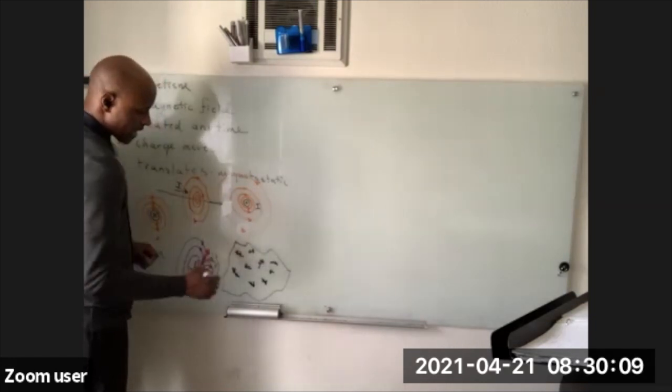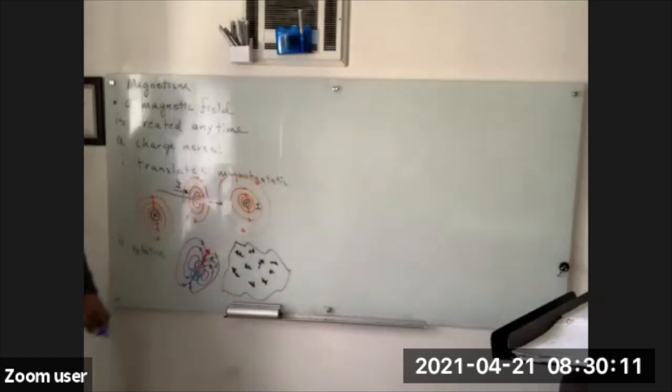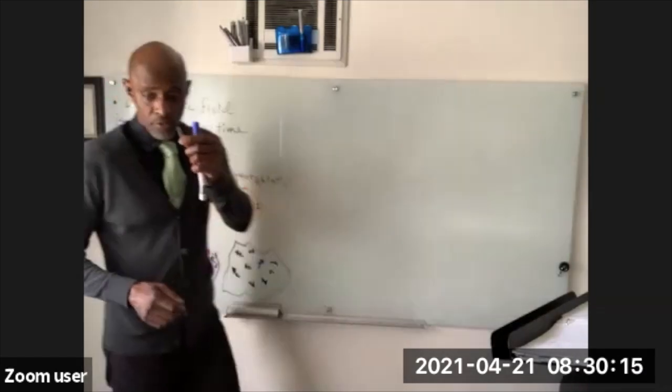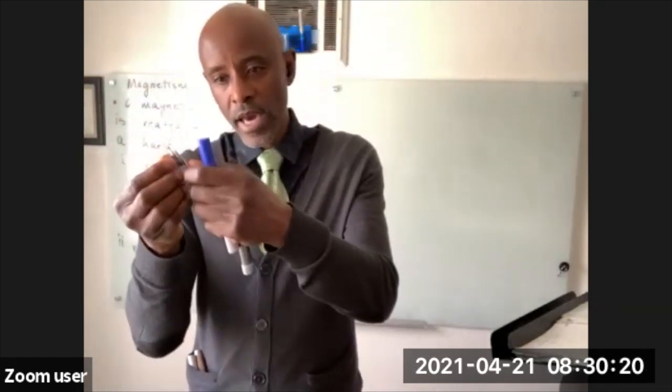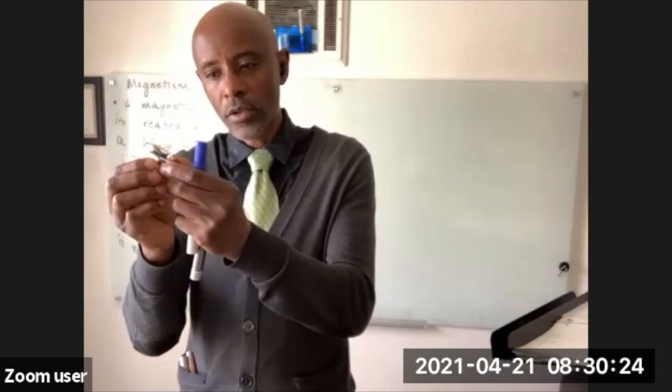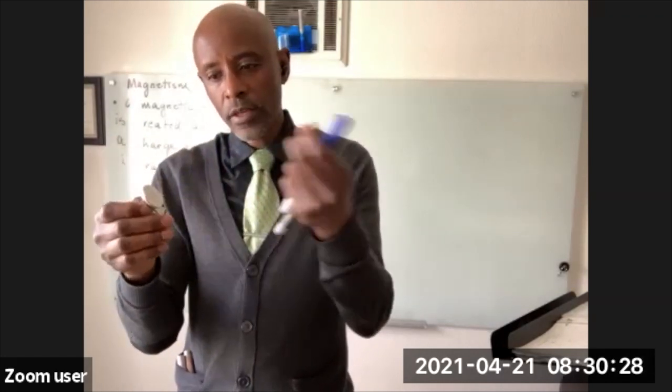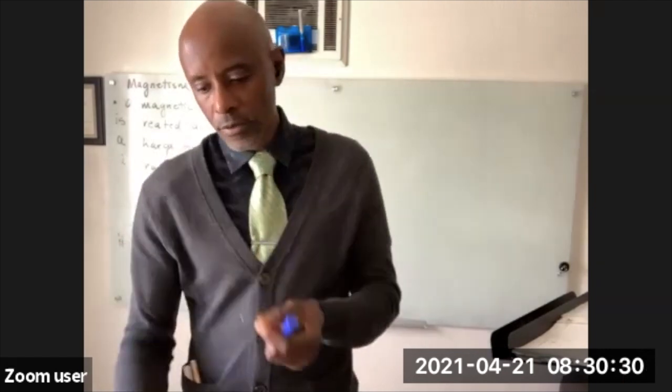But you can magnetize certain materials, like a paper clip, for example. I could take a paper clip and put it on this little magnet here. After a while, depending on how strong the magnet is, if I take the paper clip away, the paper clip might be slightly magnetized.